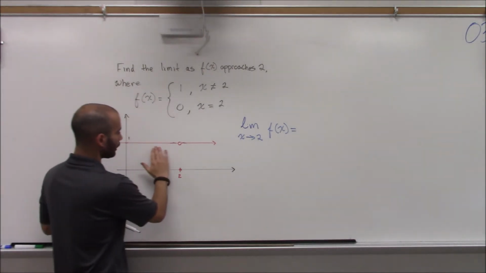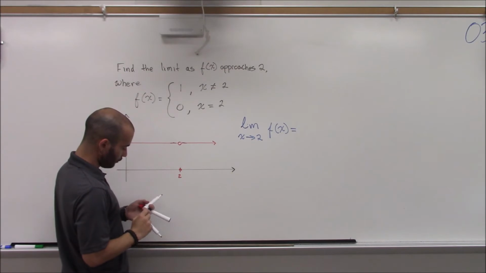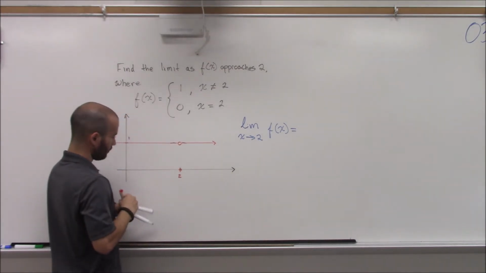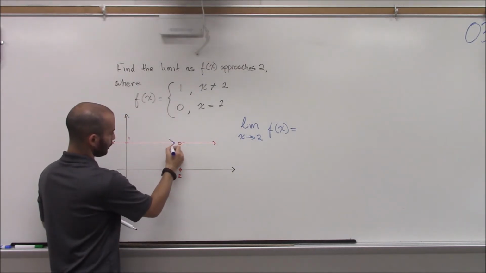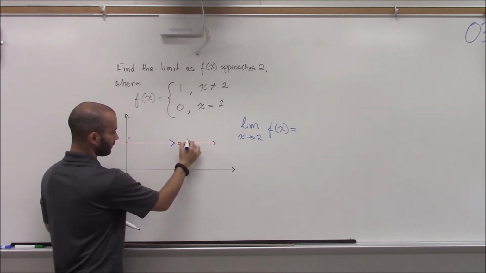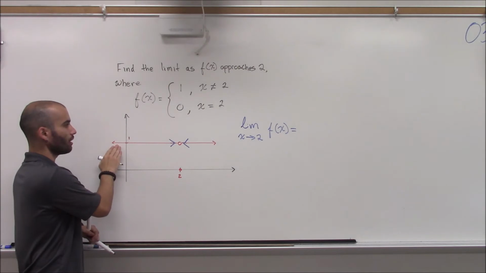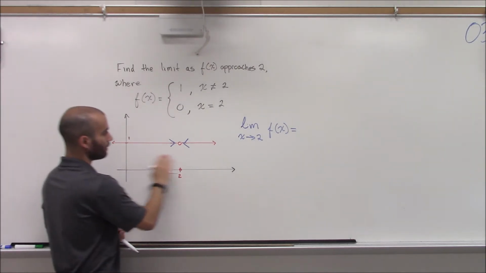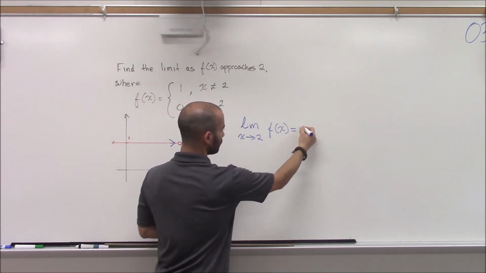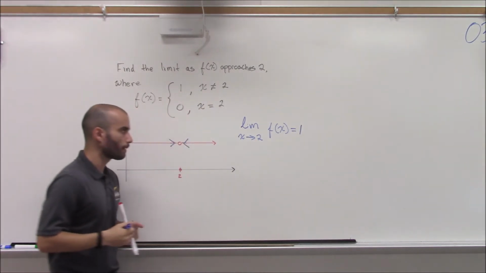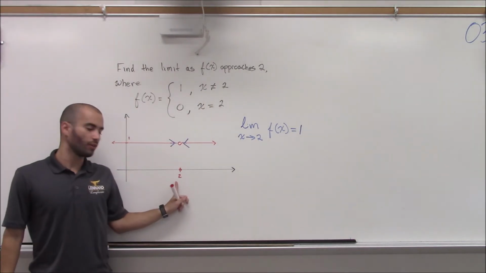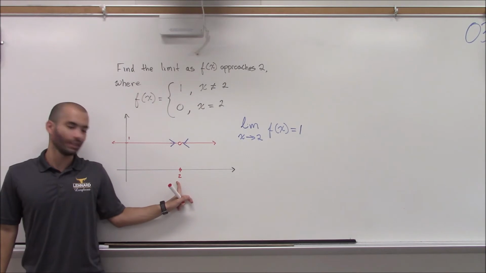Now, as we get closer and closer to the value 2, as we get closer to 2 from the left, and as we get closer to 2 from the right, we're going to be approaching the number 1. So the limit as x approaches 2 of the function is equal to 1. Now, notice that the function at 2 is not 1.